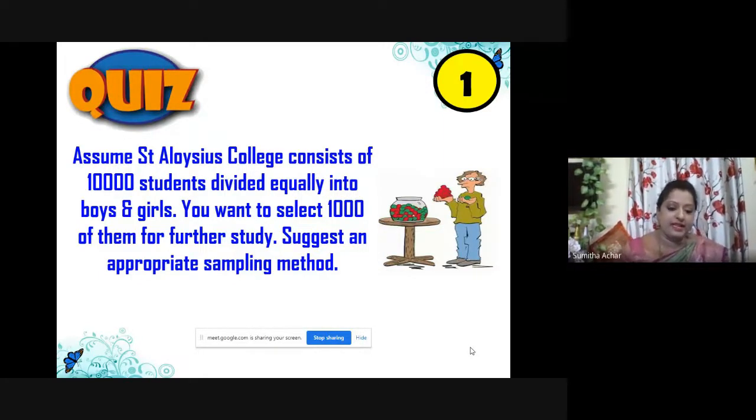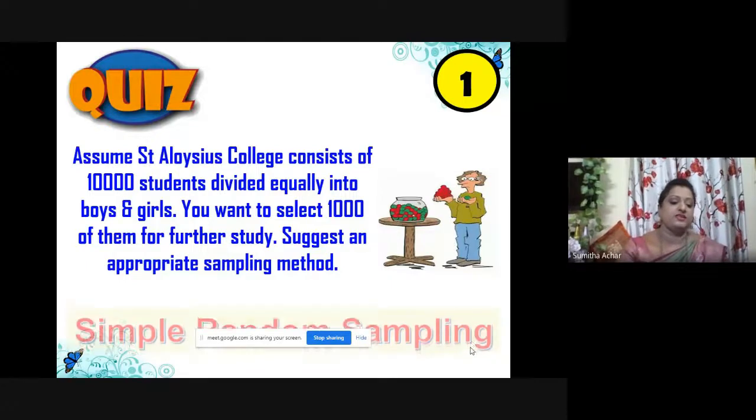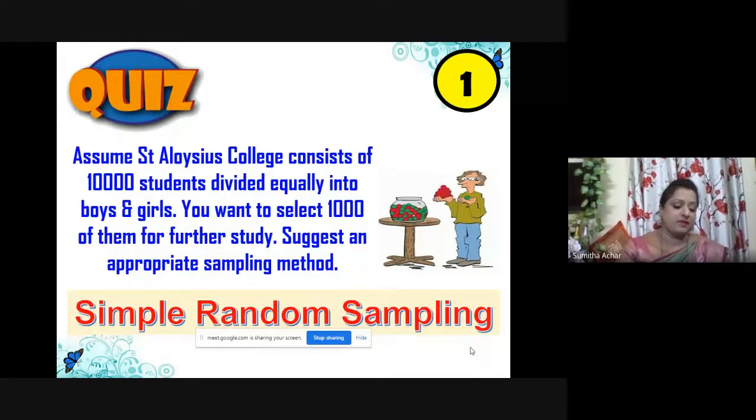Madam Lakshmi, did I tell that I want to select 1,000 people, and among them there should be a boys and girls distribution? I have not made a statement like that, isn't it? I said out of 10,000 students, which has a group of boys and girls, I'm supposed to take only 1,000 of them for my further study. So the answer for this is a simple random sampling technique.